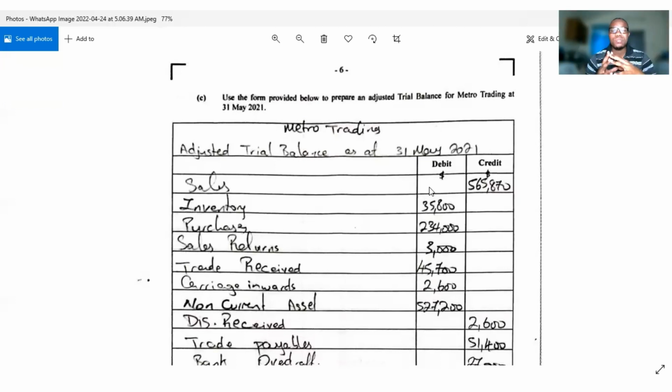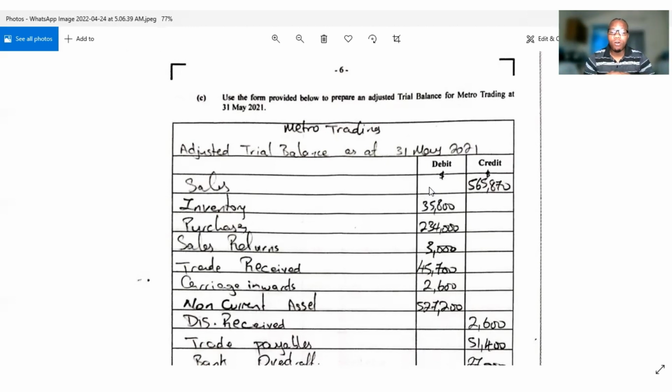So the basic principles: in a trial balance, asset accounts normally carry a debit balance. Capital accounts carry a credit balance. Liability accounts carry a credit balance. Revenue accounts carry a credit balance. And expense accounts carry a debit balance.